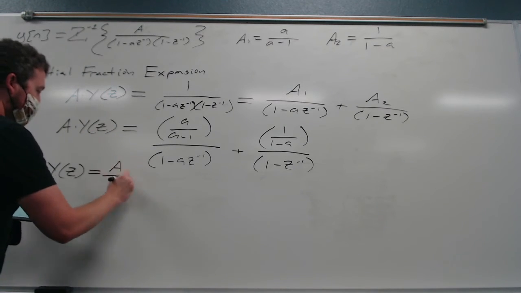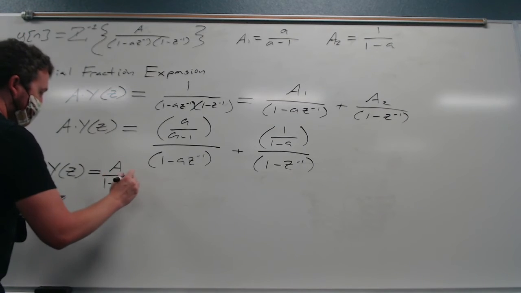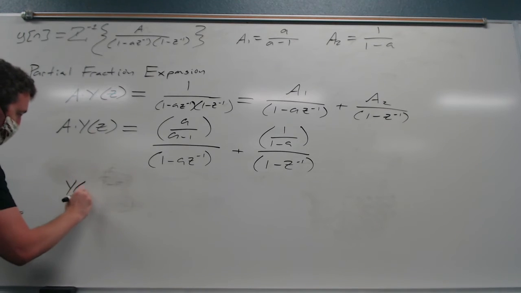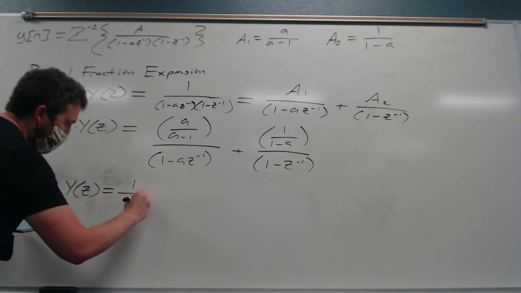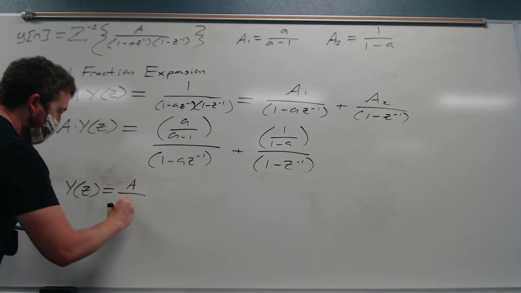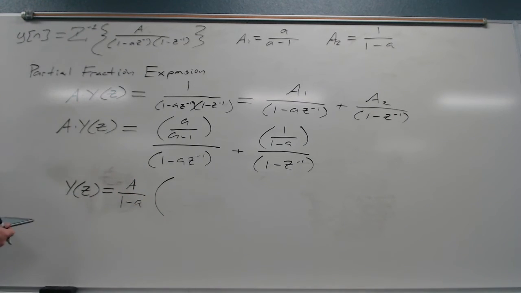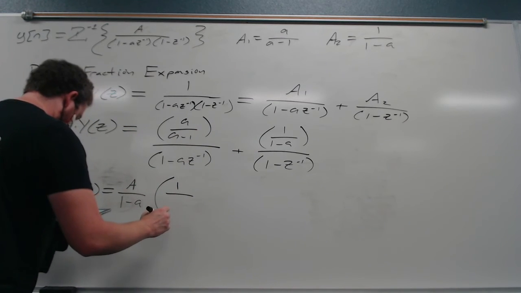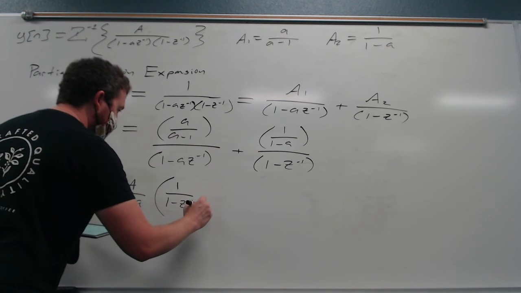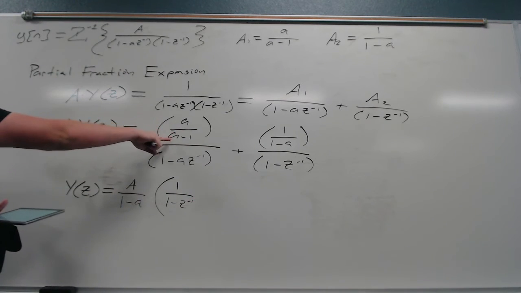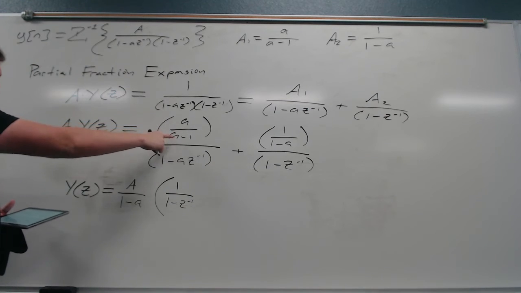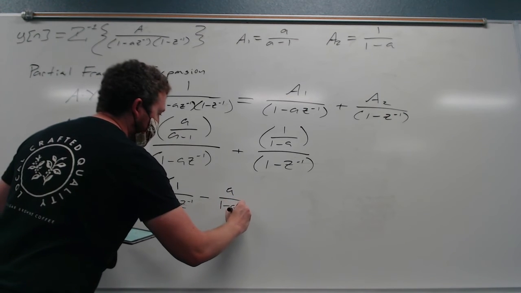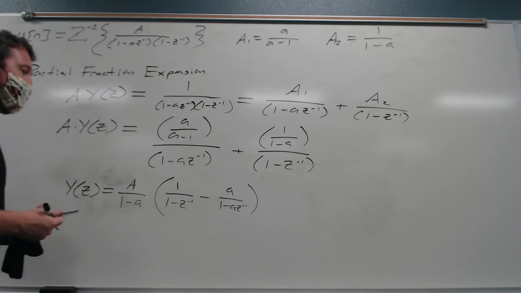So Y of z is going to be equal to A over 1 minus a times, so that's just going to be this one straight up, 1 over 1 minus z to the negative 1. Now when we factor out 1 minus a, what'll happen here is it's negative this one, right? So it'll be minus a over 1 minus a z to the negative 1.